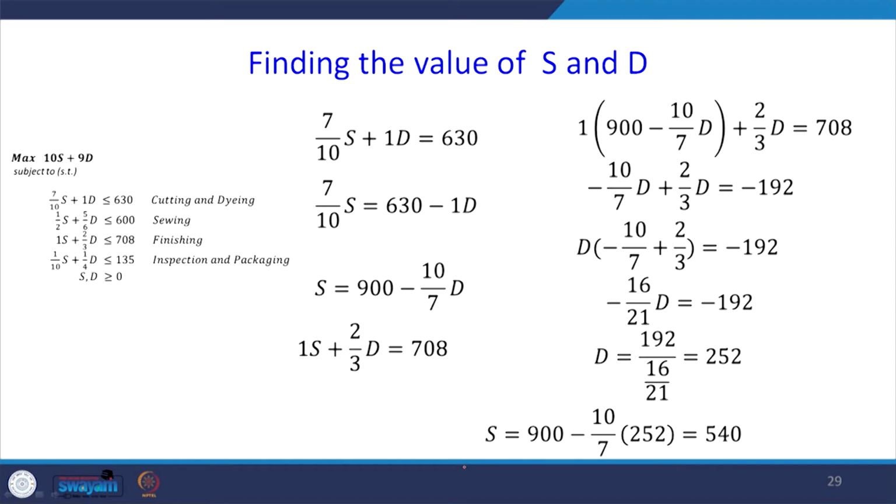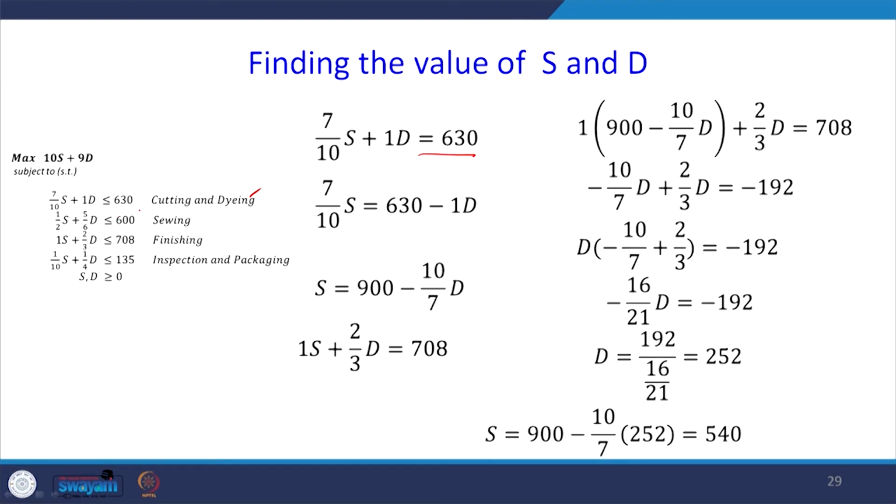How do we get that intersection point? There are two constraints. Wherever the right hand side is 630, that is the cutting and dyeing constraint. So, from this, 7/10 S plus 1 D equals 630.